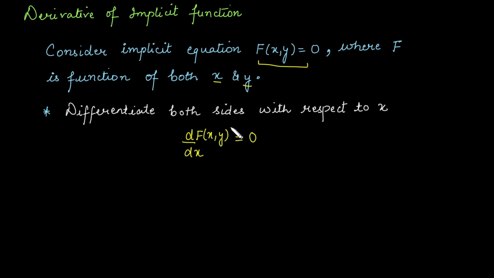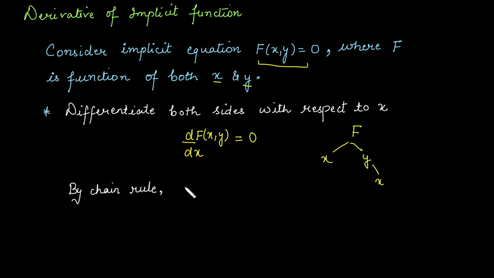Now we will apply the chain rule. As this function is depending upon two variables x and y, when we are taking a derivative with respect to x, it means y is a dependent variable and x is an independent variable. If y is a dependent variable, it is depending upon x. Now how do we write the chain rule in this case?